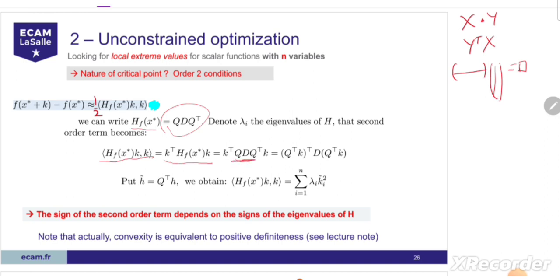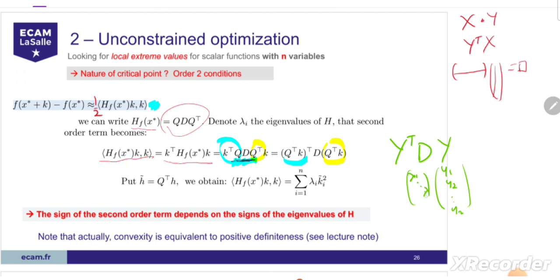We expand the matrix H as Q D Q transpose, and then we can rewrite that as something with Q transpose K transpose, so that's this part here. You've got your D matrix, and then you've got that second part here, Q transpose K. So you've got really something looking like Y transpose D Y. And if you expand that, D times Y, if you've got a vector Y1, Y2, etc., Yn multiplied by a diagonal matrix lambda, is going to make the vector lambda 1 Y1, lambda 2 Y2, etc., lambda n Yn.